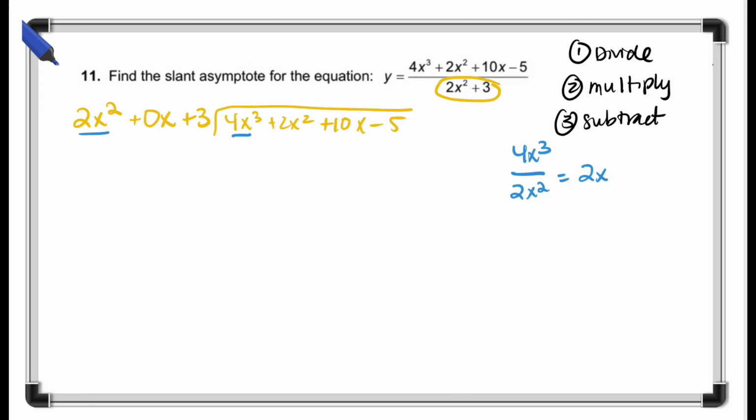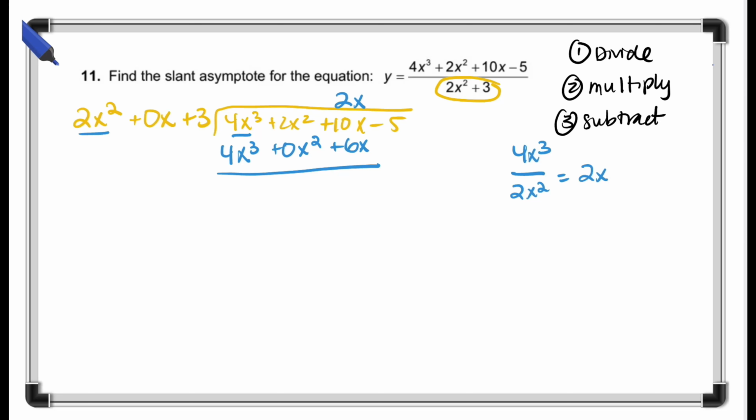Now, the 2x is going to be placed right above the term that has the x. So now we're going to multiply. You're going to multiply 2x by every term that is in your divisor. So you end up getting 4x cubed, a 0x squared, and then a plus 6x.